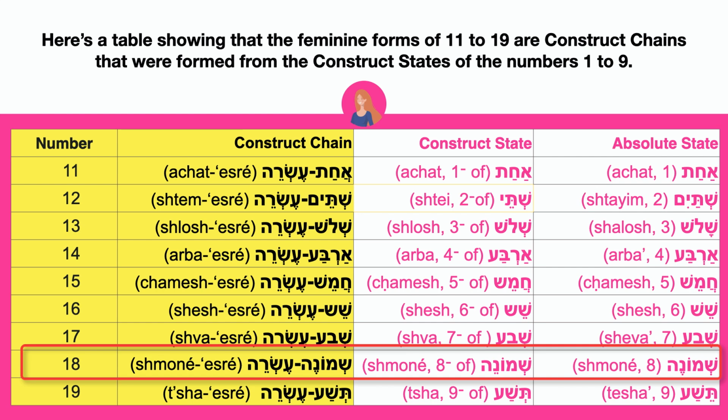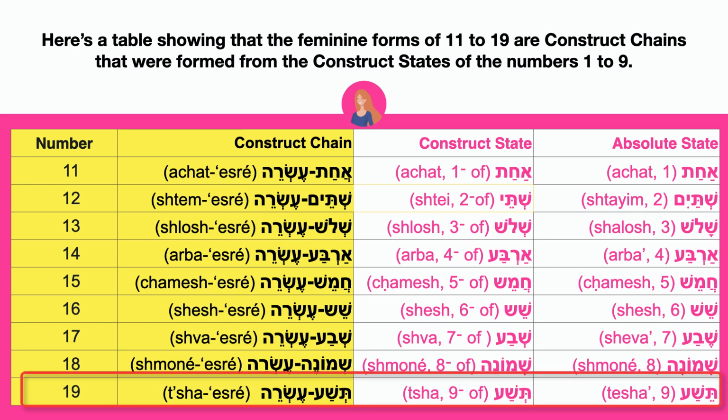18 is shmone esre. Shmone is the absolute form of the feminine version of the number 8, and its construct state is also pronounced shmone. So 18 is shmone esre. 19 is formed by tesha esre. The absolute state of the number 9 is tesha, and its construct state is also tesha.